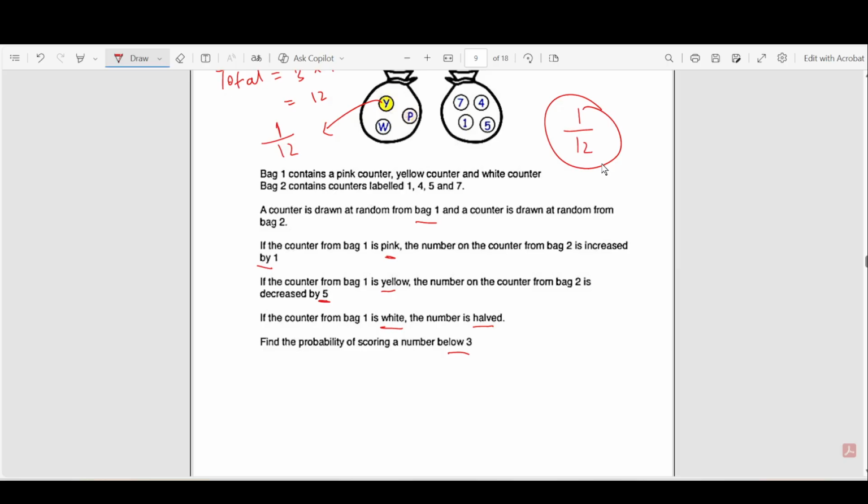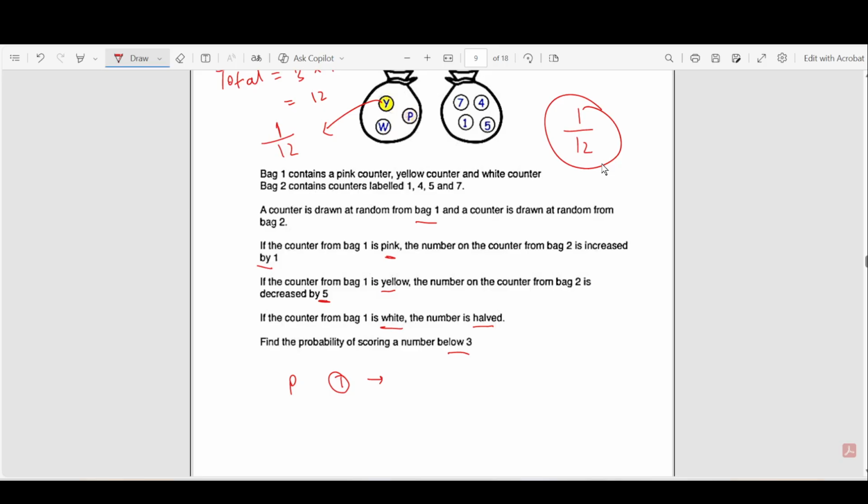So let's see the possible results. If we get pink from bag 1, the number on the counter from bag 2 is increased by 1.